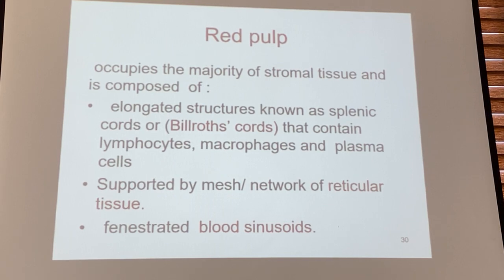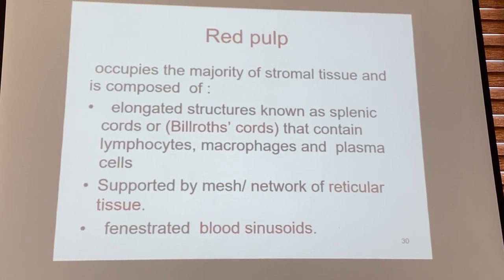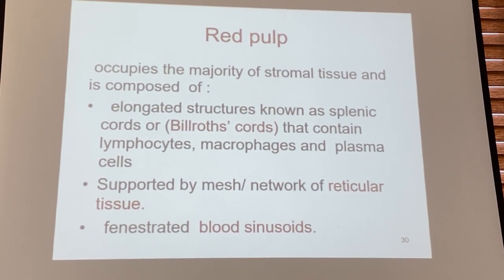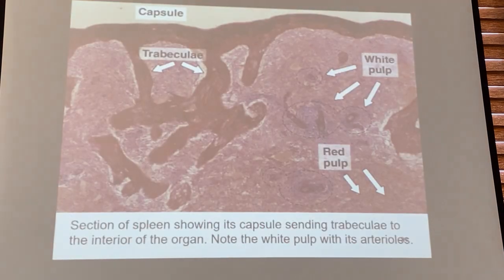And they are called fenestrated, it means there are gaps or fenestrae, or openings in the wall of the endothelial cells that form the wall of these blood sinusoids. So red pulp is mainly formed from the cords of Billroth, which contain lymphocytes, macrophages, plasma cells, and reticular tissue supporting it, with blood sinusoids of the fenestrated type.